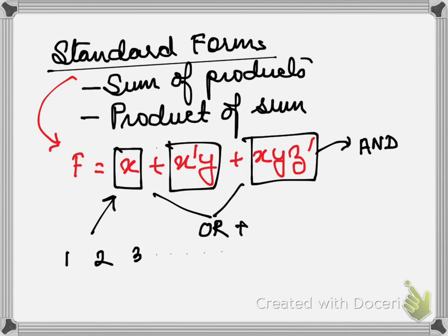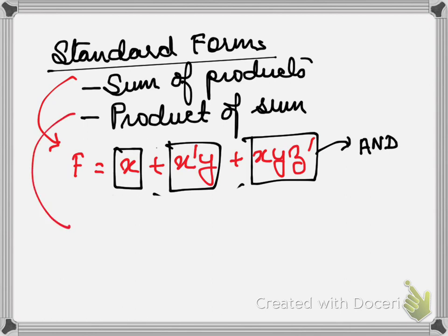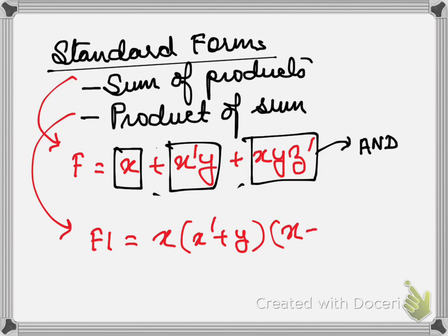Similar to this you have the second one, which is the product of sums. So I may have another function, say f1, which I can write as x into x dash plus y into x plus y plus z dash.